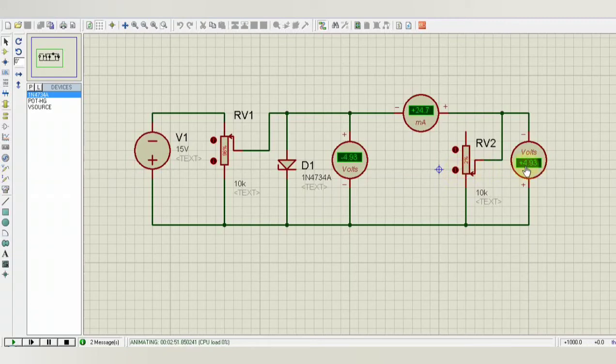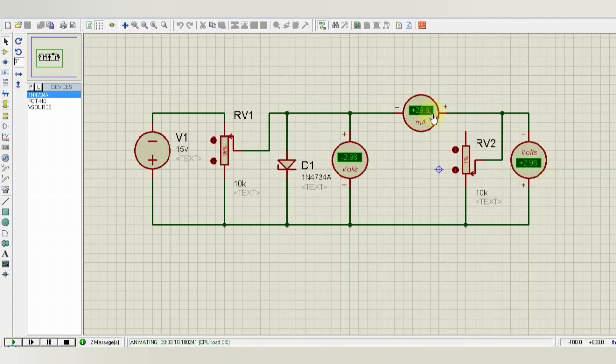Now there is a drop of around 1 volt from the previous values. Yes, it has gone out of regulation because the voltage has deteriorated from 4.93 to around 2.93. So there is a drop of around 2 volts, so it is out of regulation now.